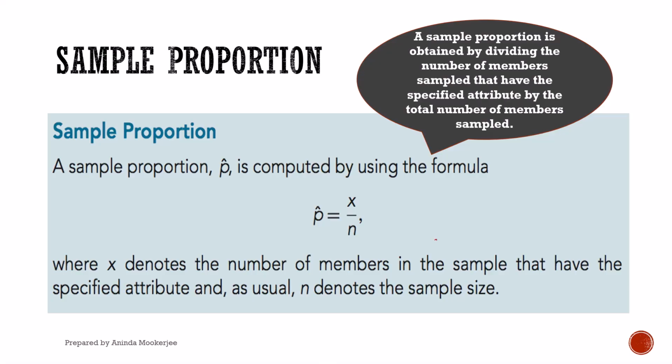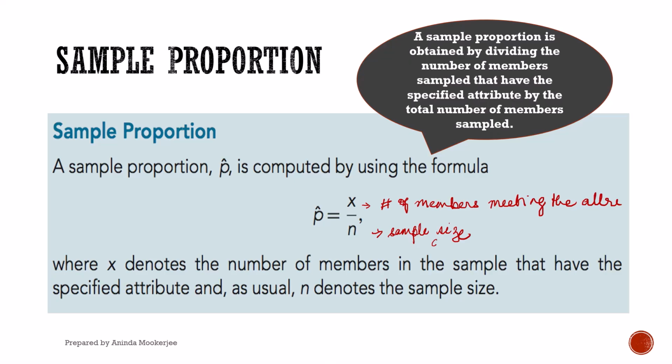And out of the sample size, a certain number of members will have met the specified attribute. So I'm going to say that represents the number of members meeting the specified attribute.